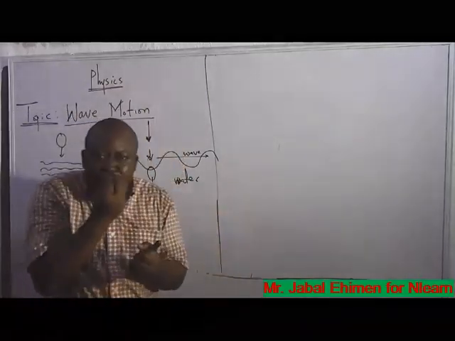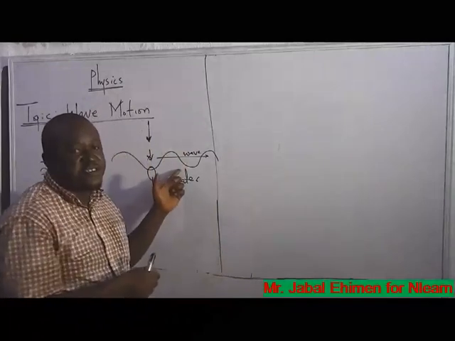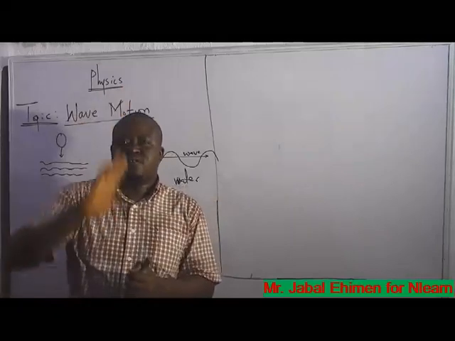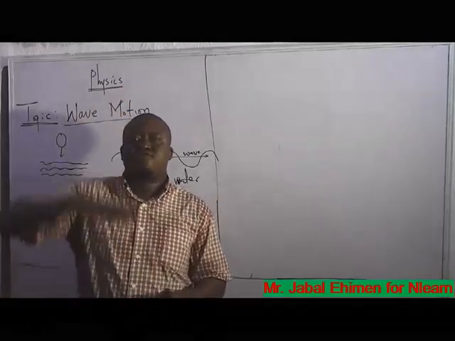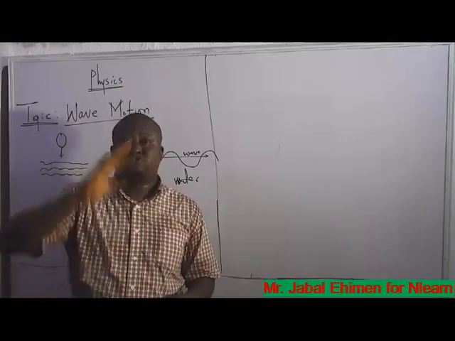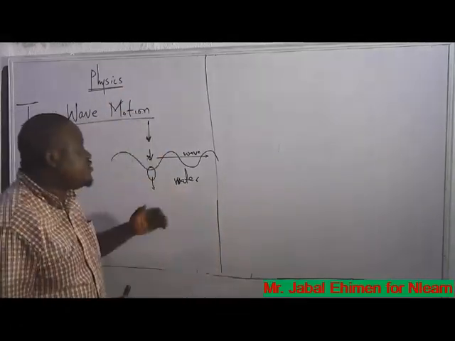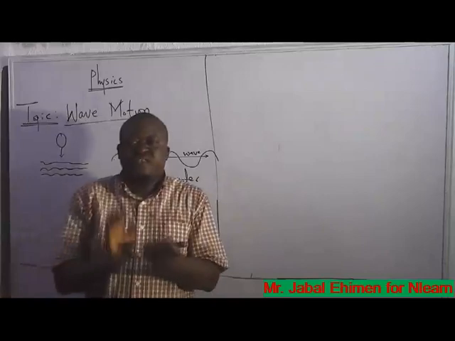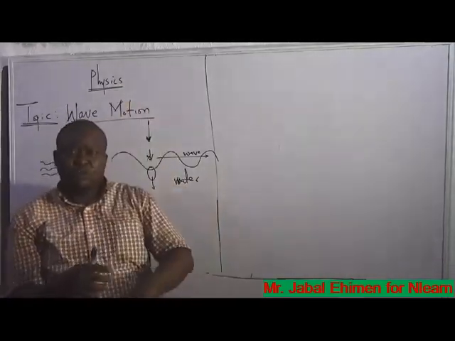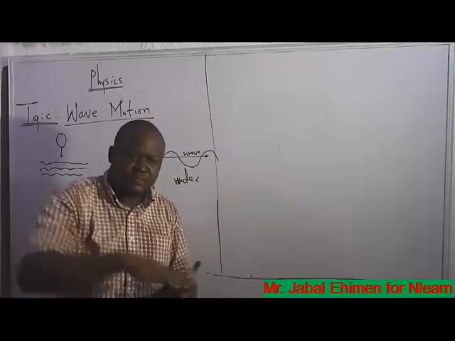But the actual molecules of the medium itself are not moving. It's just vibrating in what we call a to and fro motion. We talked about that in vibrational motion or oscillatory motion. So it's just a to and fro movement. It goes down, it comes up, it goes down. But watching the water, you see that the water is moving.